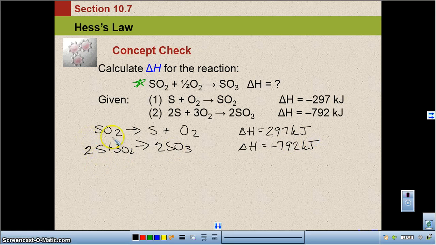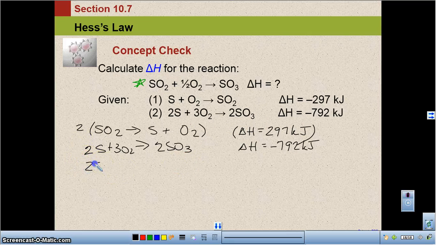So when we look at this, our SO2 is on the left-hand side, SO3 is on the right-hand side. In this reaction right here, we don't see any sulfur by itself. So that means it needs to be able to cancel out. You notice there's 2 here and there's 1 here. So we're going to start by multiplying this whole reaction by 2, and rewrite it.